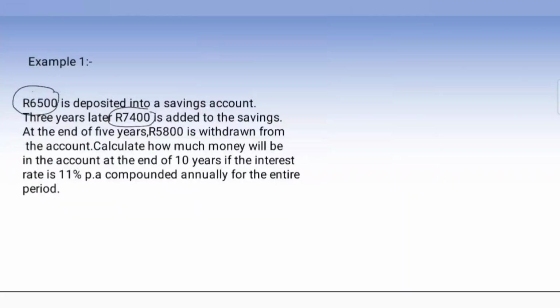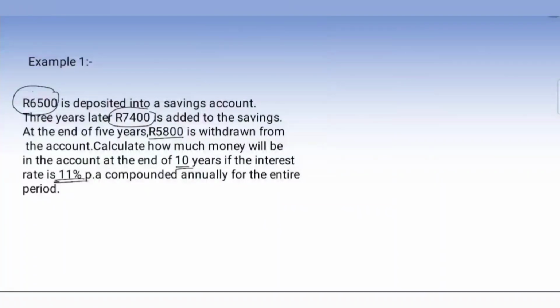At the end of 5 years, Rand 5,800 is withdrawn. You can see that it's a withdrawal. Clear? So that must be in your mind. Calculate how much money will be in the account at the end of 10 years, if the interest rate is 11% compounded annually for the entire period.